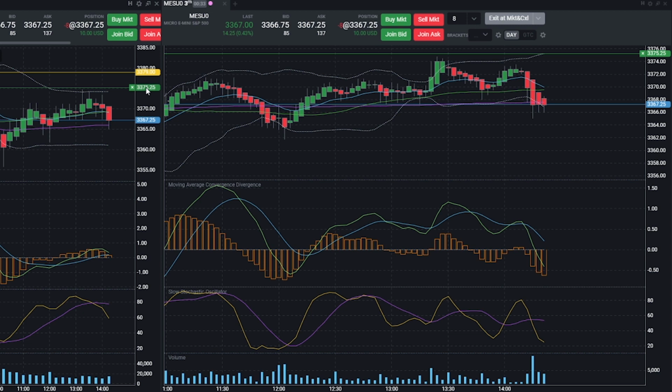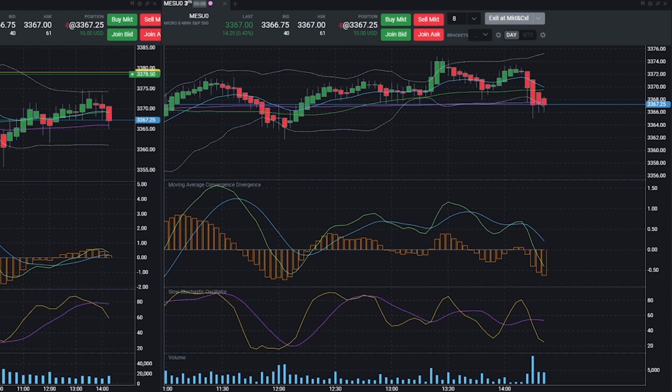Let's bring that up to 33.78. I want to have enough room for the movement. I don't want to get stopped out, so that's why I'm kind of hanging back. All right. Holding kind of steady right now.